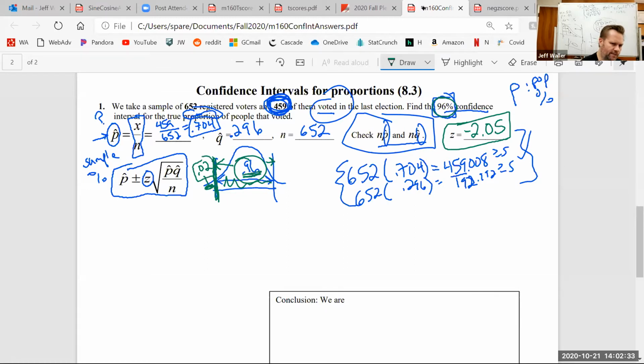If there's 96% inside, there's 4% outside, which means there's 2% on this one side. And then I look up that 2%, and that's how we found the negative 2.05. Is that all right? Yes. If I wanted to be 73% confident, what area is down here?